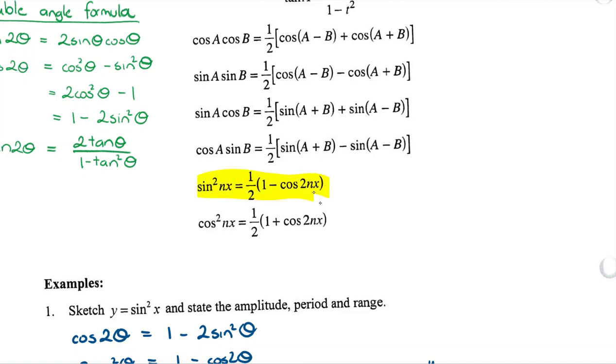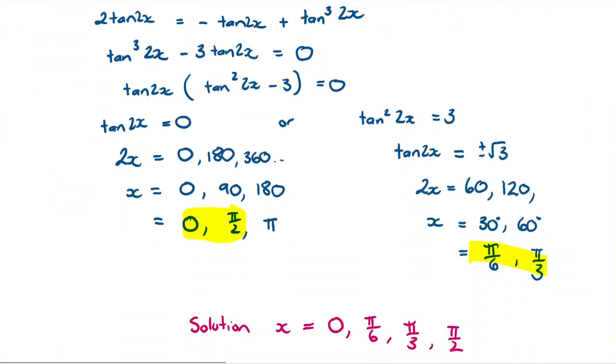We haven't used these before, but they can be helpful for changing from squareds into your 2x's or your double x's. So if I'm trying to change my first one, which was sine squared, sine squared is going to be equal to half 1 minus cos of 2x. I can use that little formula.